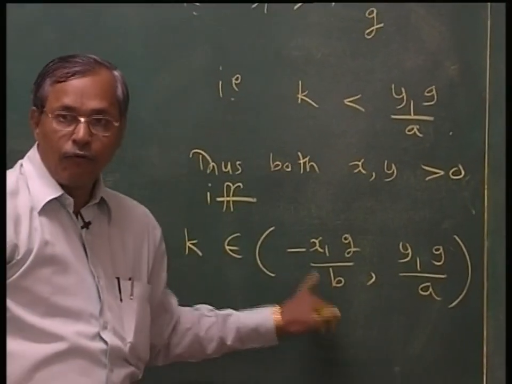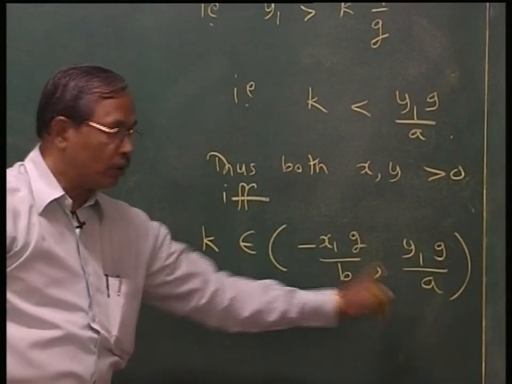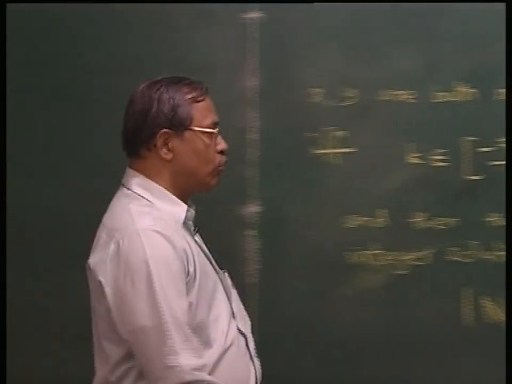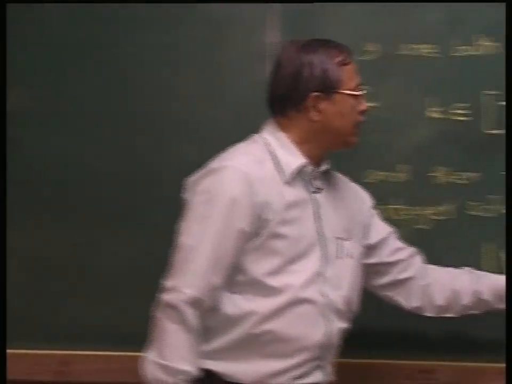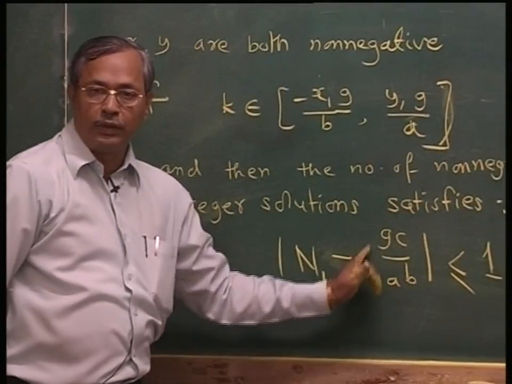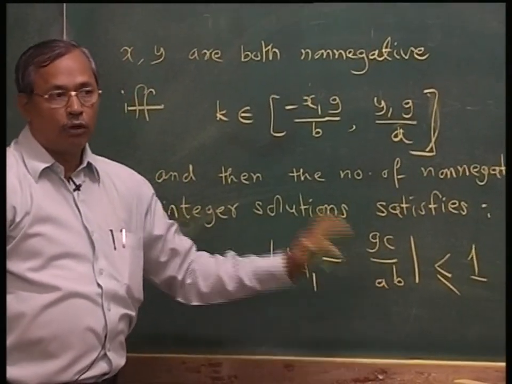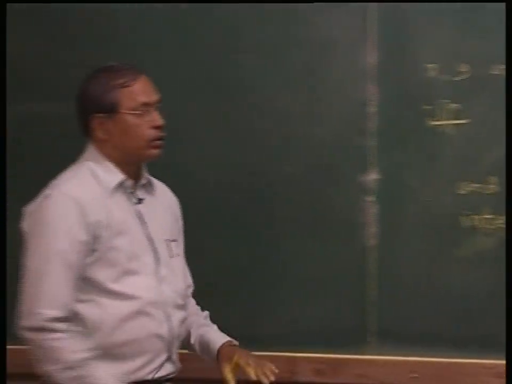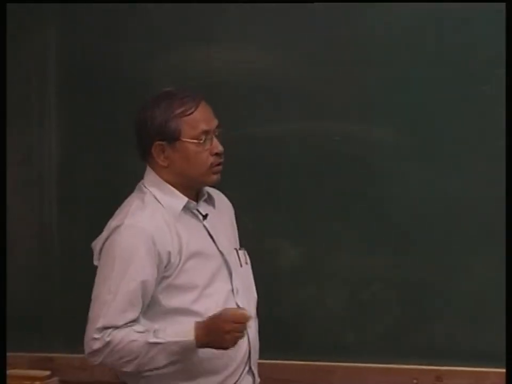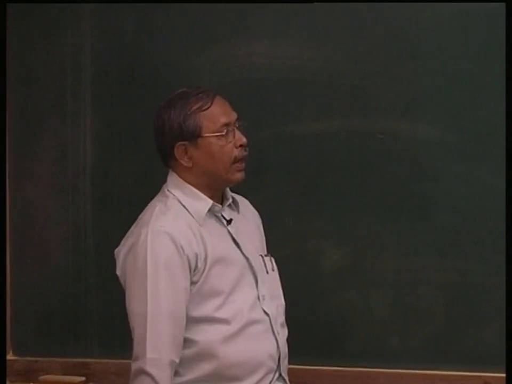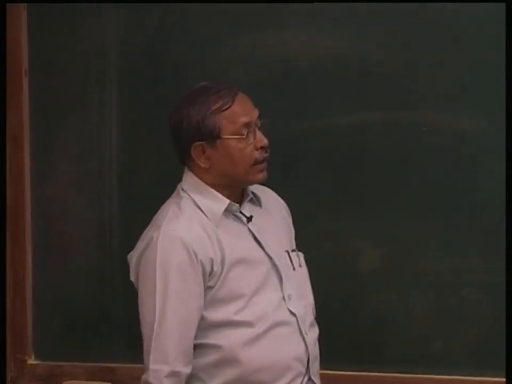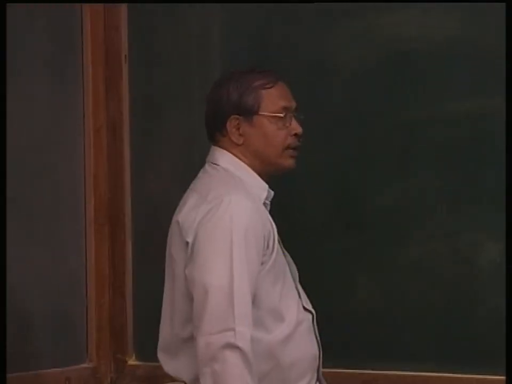How many values of k are there? We have to actually count. So if you know one solution x1 y1, see this is independent of the solution x1 y1, g, c, a and b. If you want to know exactly, then you should use the solution x1 y1, and from that you can find out exactly how many positive solutions are there.